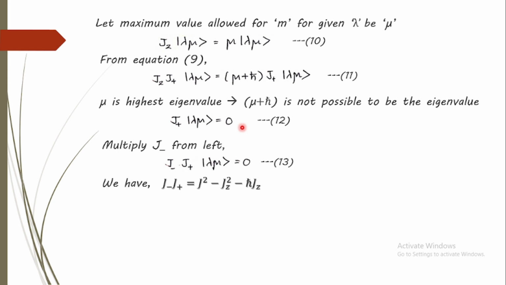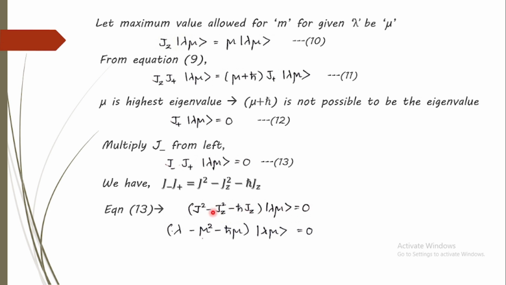We know J minus into J plus equals J square minus Jz square minus h cross Jz. Substituting this in equation number 13 and then the eigenvalues, for J square we have lambda, for Jz square we have mu square, and for Jz we have mu, the maximum value of m.